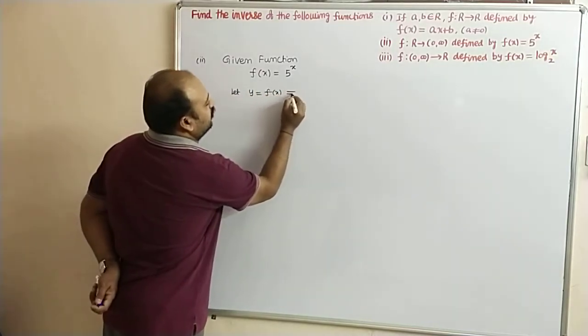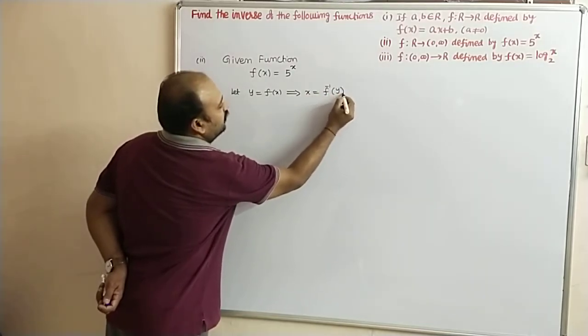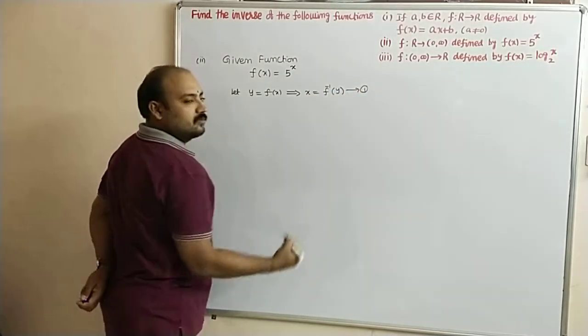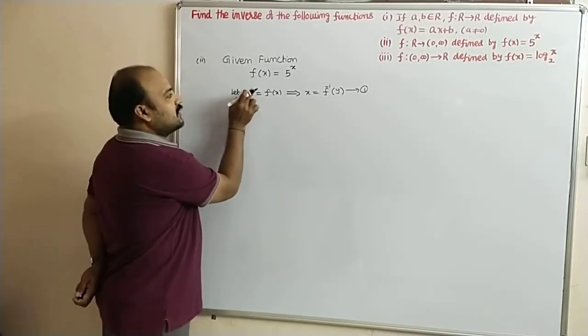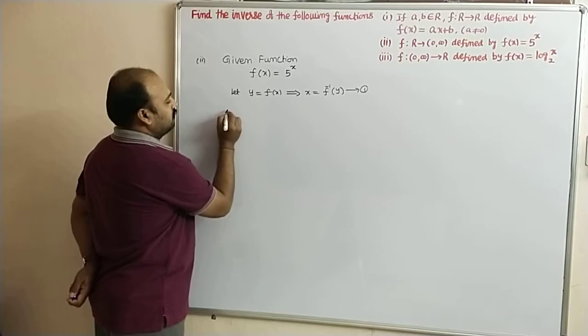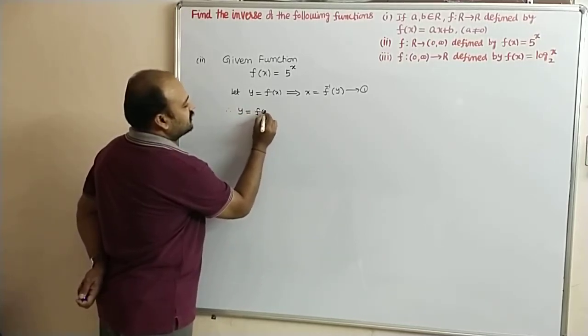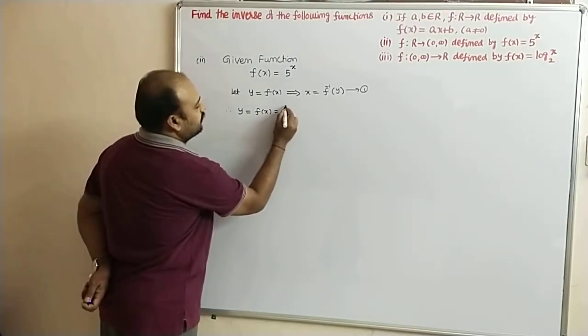Then x is equal to f inverse of y. Keep that as equation number 1. After that, y is equal to f of x equal to 5 power x.